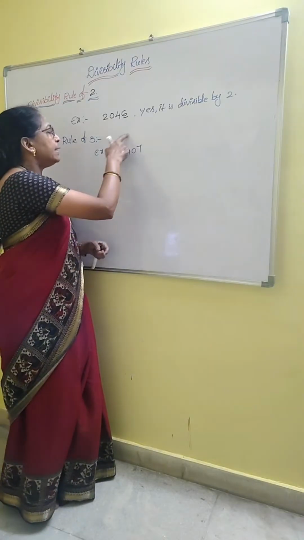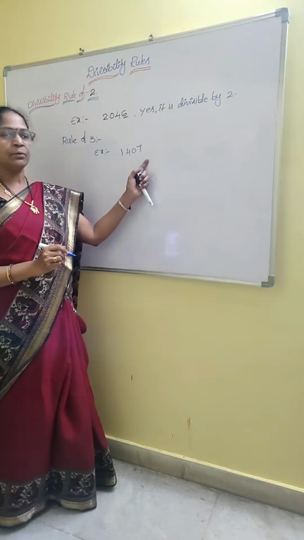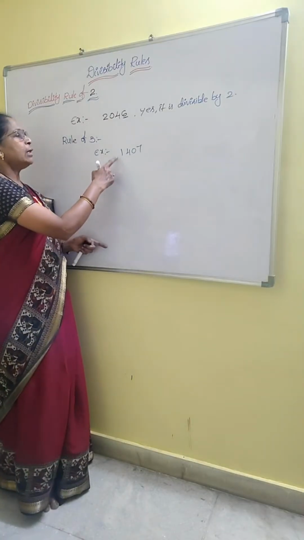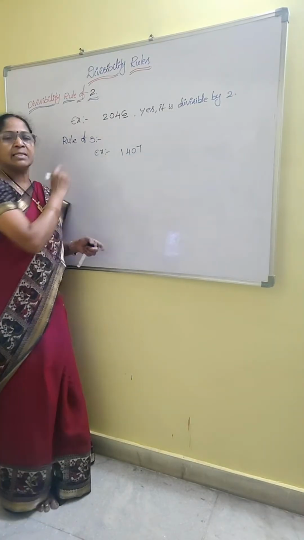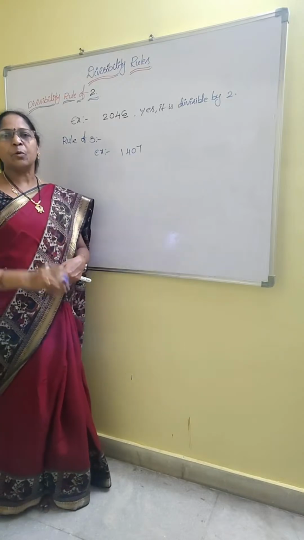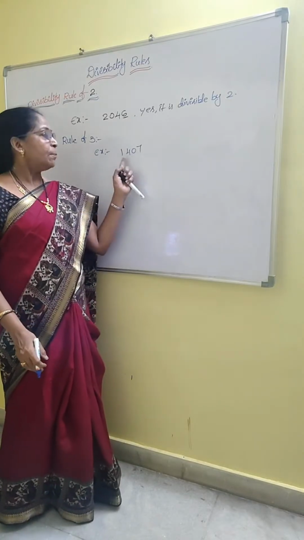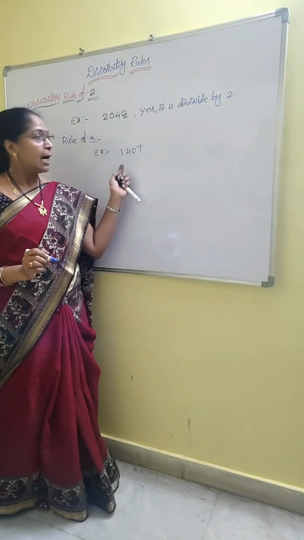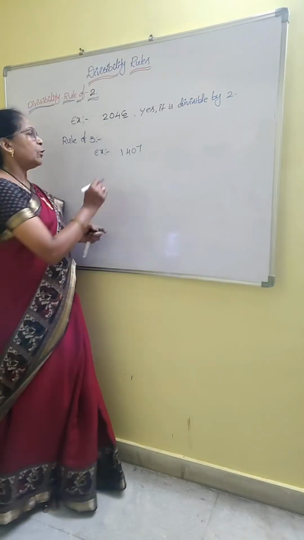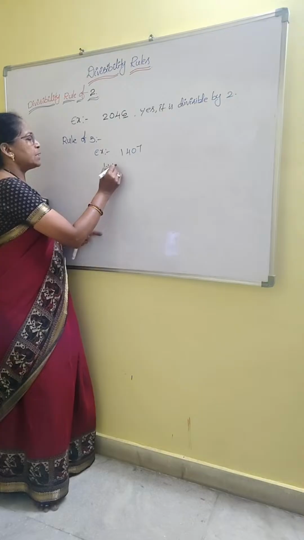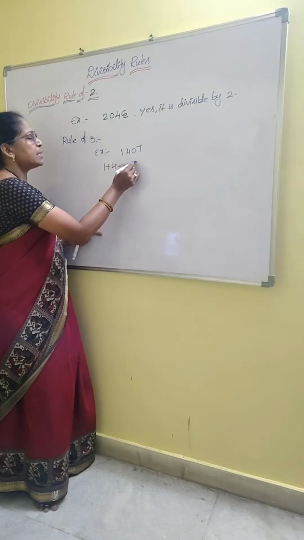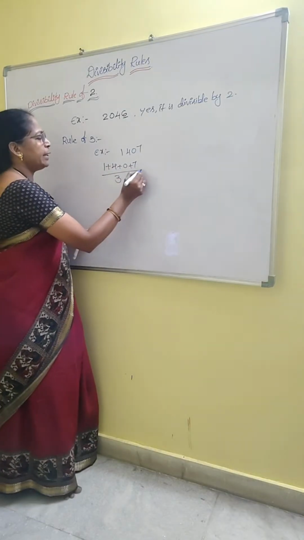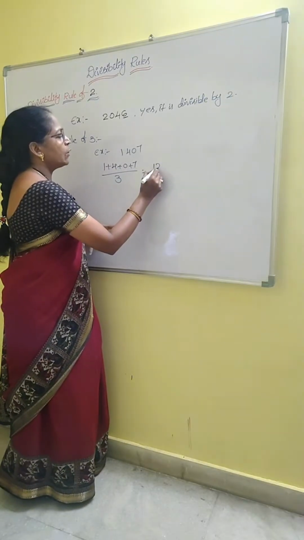So what are the digits in this number? 1, 4, 0 and 7. 0 has no value. So directly add 1 plus 4 plus 0 plus 7, that is 5, and 5 plus 7 equals 12.